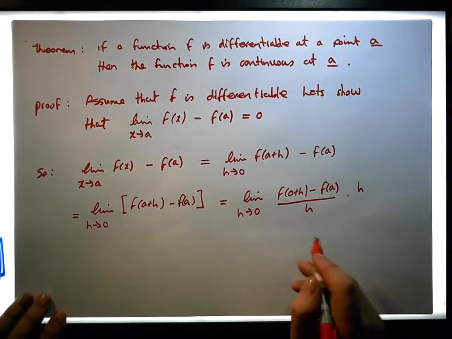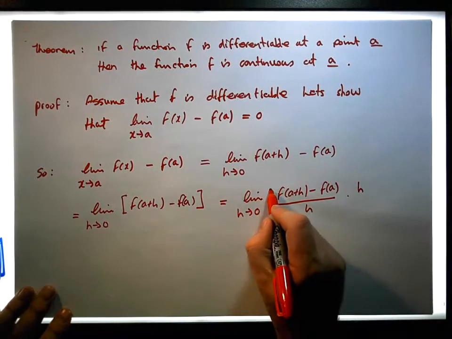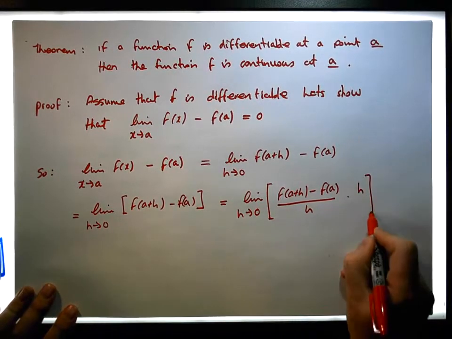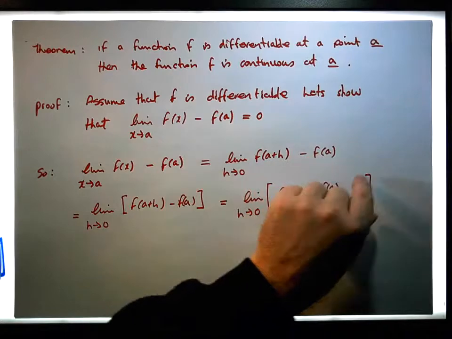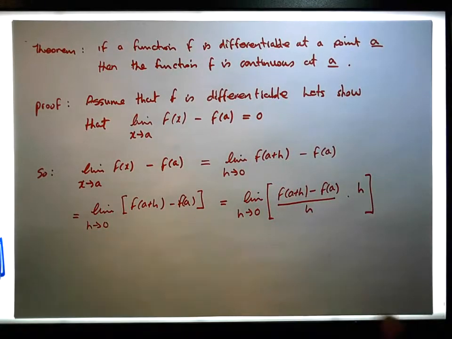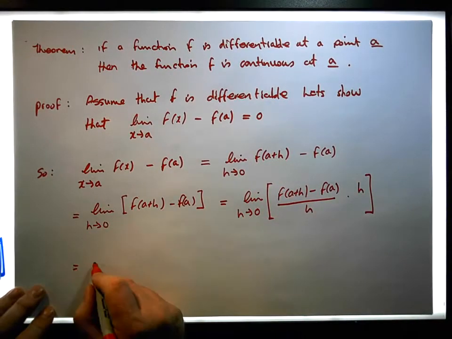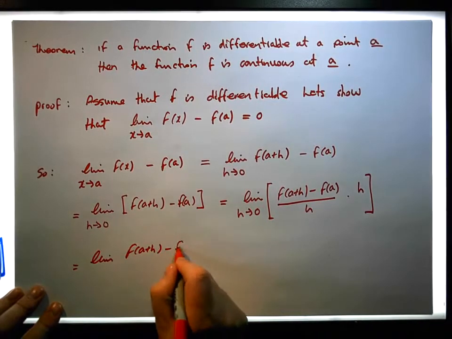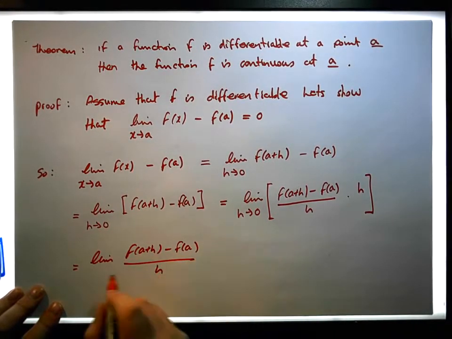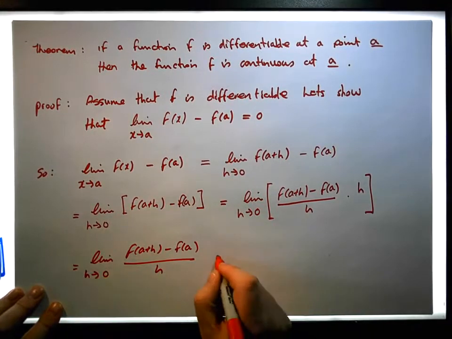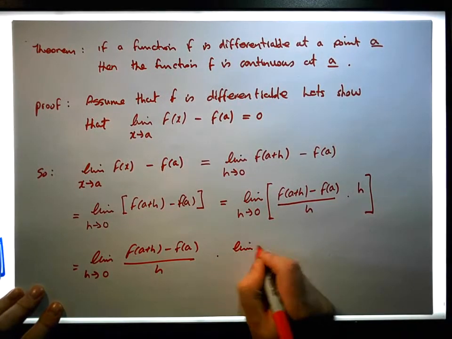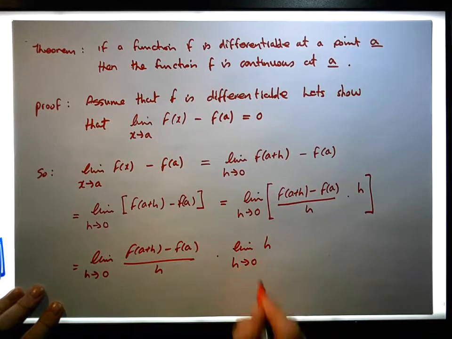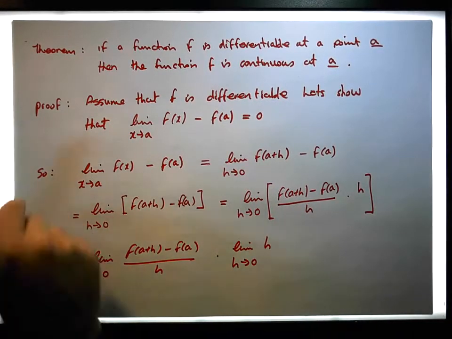Now we have a product. Once again, the limit of a times b is the same as the limit of a times the limit of b. So this becomes the limit of f of a plus h minus f of a, all over h, as h tends to 0, times the limit of h as h tends to 0. But hang on a moment.